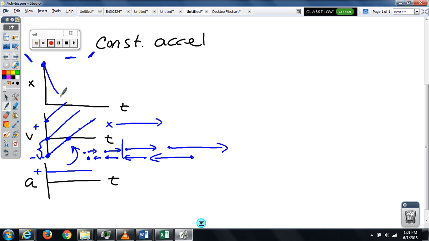So this is a parabola that looks like that. If we were trying to draw this position time graph, then it's basically the graph that occurs from the right side of that dashed line.